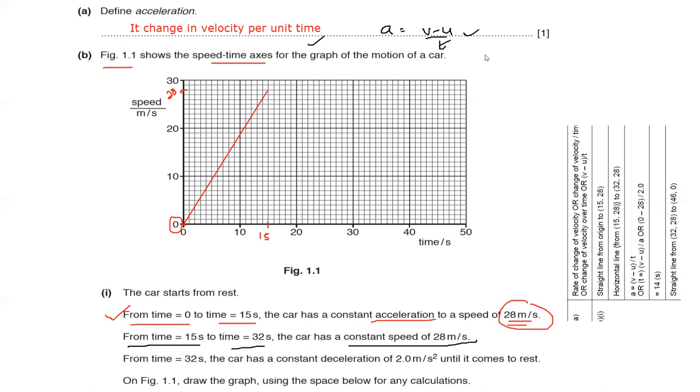The car does not change its speed. Constant speed means a horizontal line in a speed time graph. So when time is equal to 32, I will draw a horizontal line which shows that the speed does not change until 32 seconds.